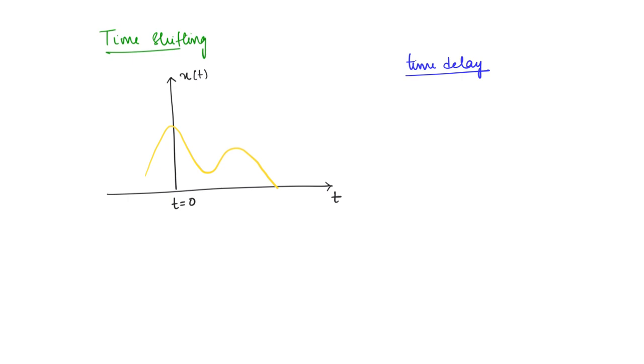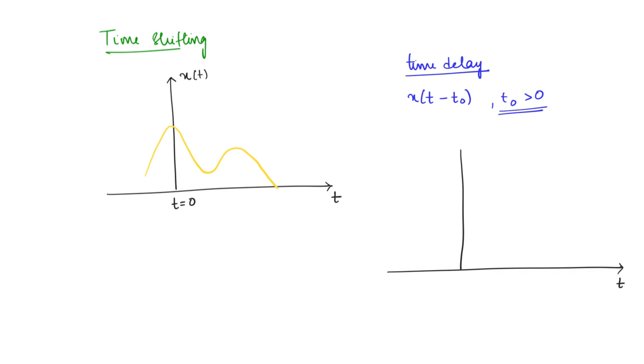A time shifting is represented with x of t minus t naught. This t naught here is the amount of time by which we are shifting the signal. For the time delay, here the t naught is going to be greater than 0. So we will see how this looks like.